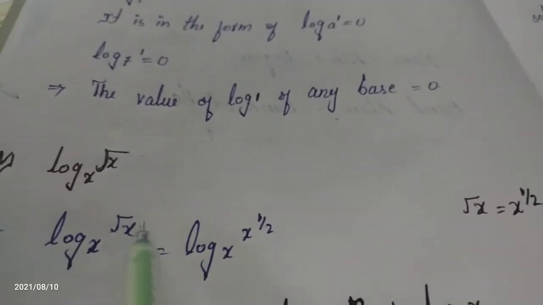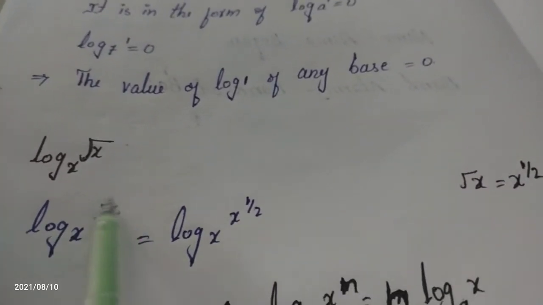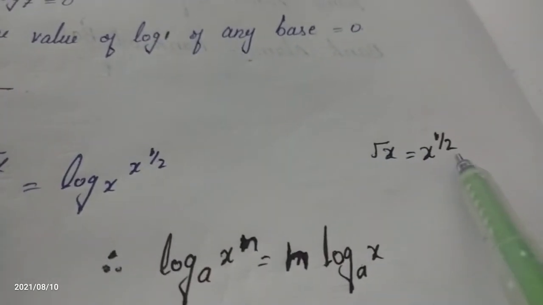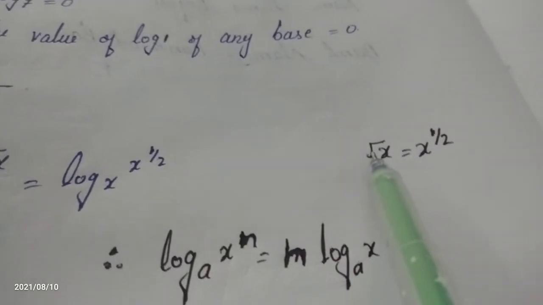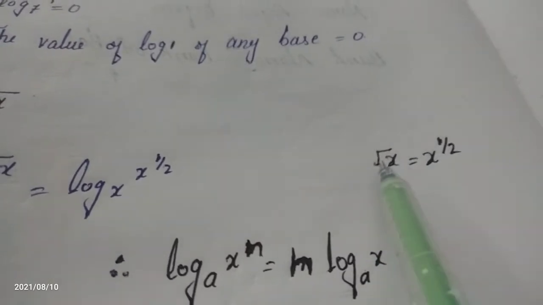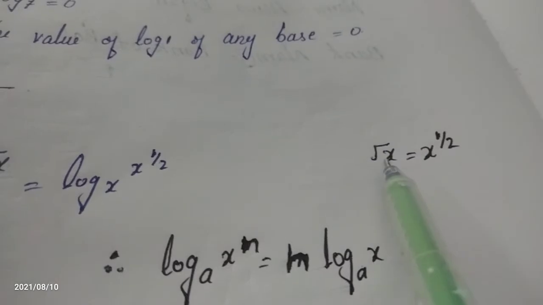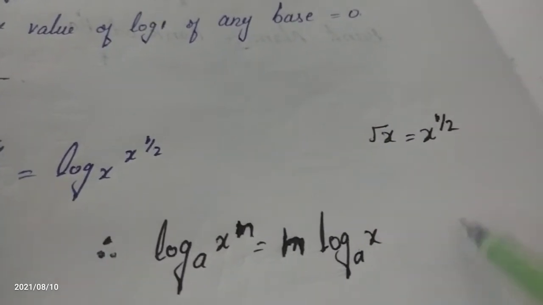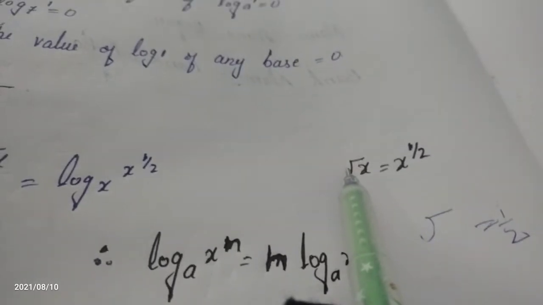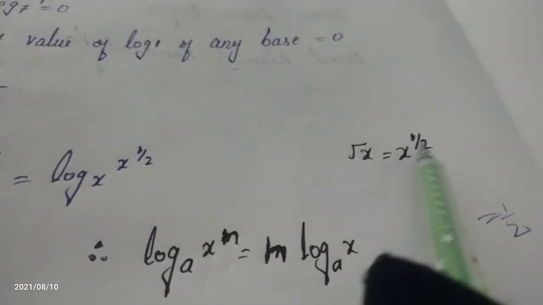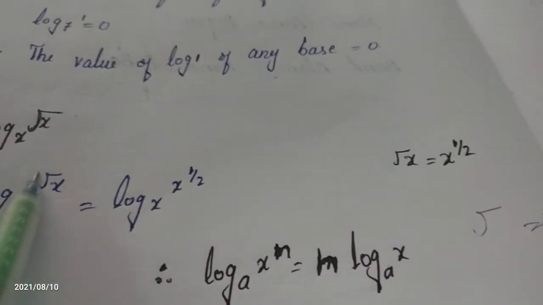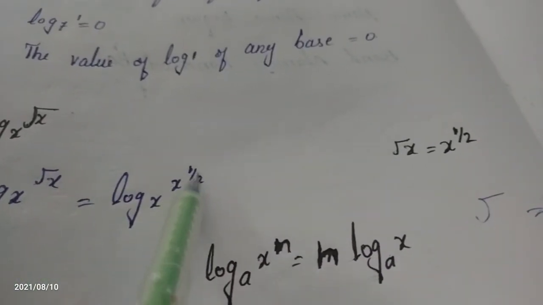Log root x to the base x means we can write root x as x to the power 1 by 2, because the value of root is 1 by 2. I am removing the root and writing 1 by 2. In place of root x, we write x to the power of 1 by 2.